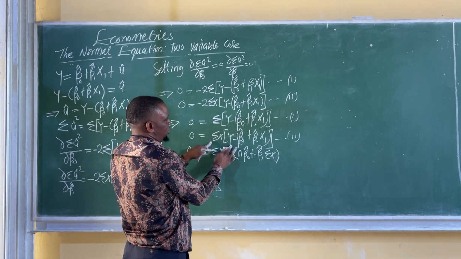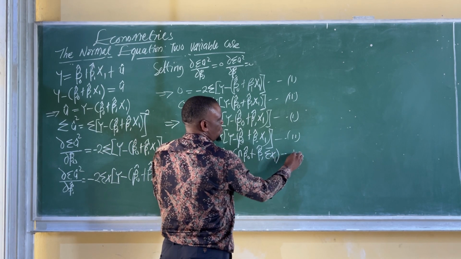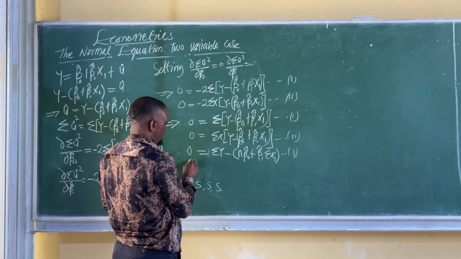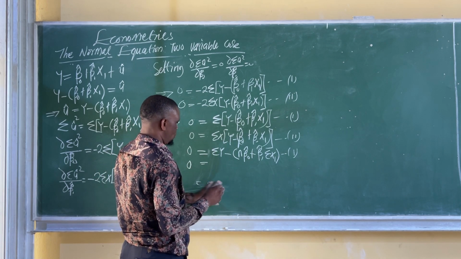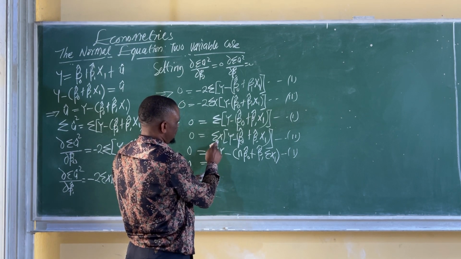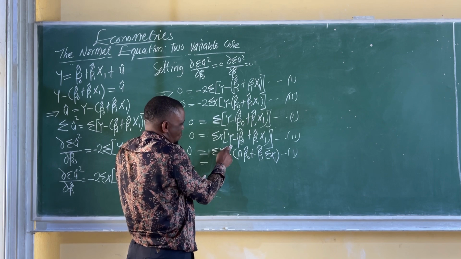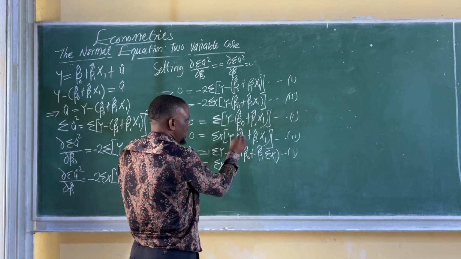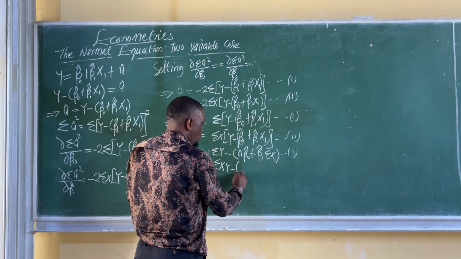Now, to open this other bracket, this is still continuation of equation 1. Now, to open this other bracket, we have 0 is equal to summation x y minus, let's still maintain the inner bracket and open it.